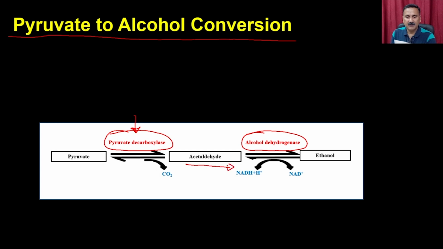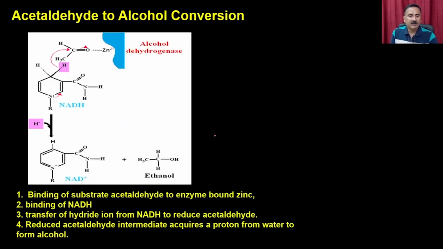Acetaldehyde is getting converted into the ethanol, and this reaction involves the cofactors NAD plus and NADH. This is the mechanism through which the alcohol dehydrogenase converts the acetaldehyde into the alcohol. The substrate acetaldehyde is going to bind to the enzyme-bound zinc.